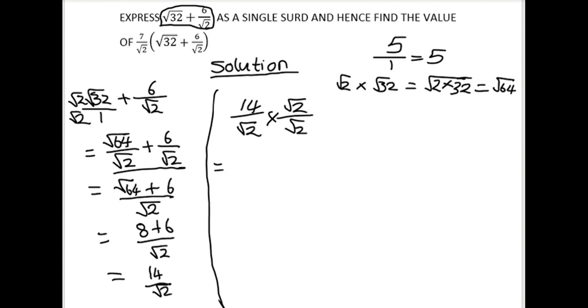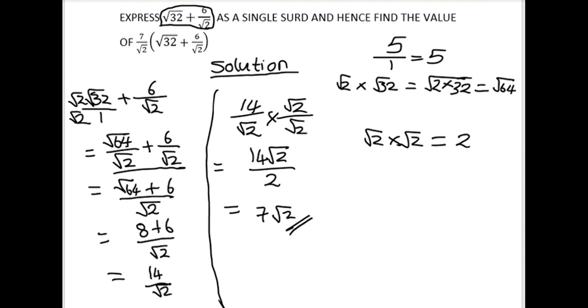So this will be 14 times root 2, which is 14 root 2, and root 2 times root 2, same Surd multiplied, will give us just the number without the radical. So we have just 2. So 14 divided by 2 is 7, 7 root 2. So we've gotten our final answer.